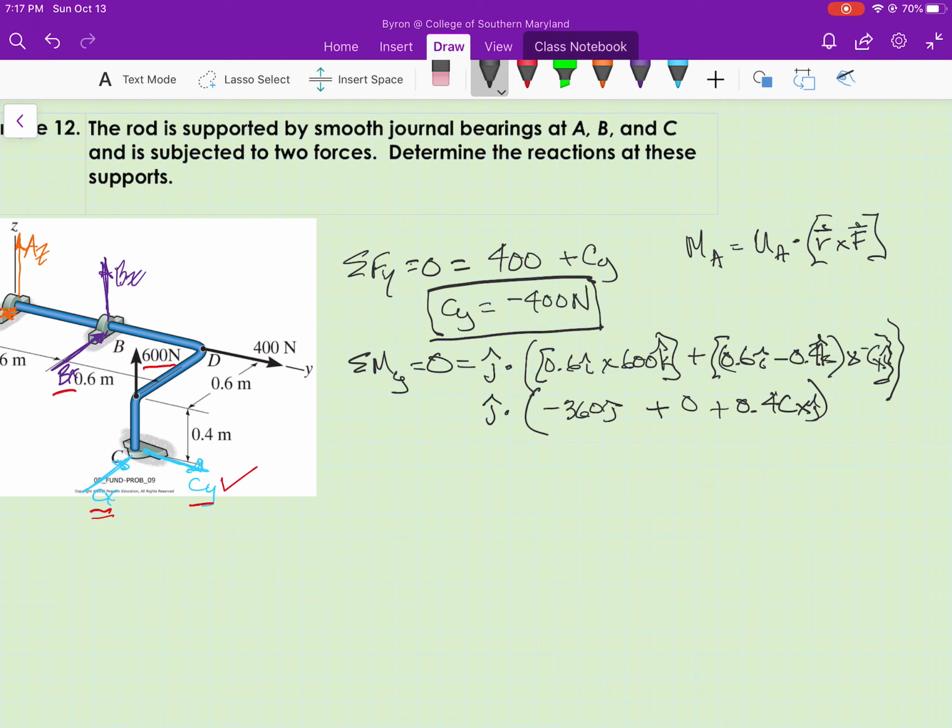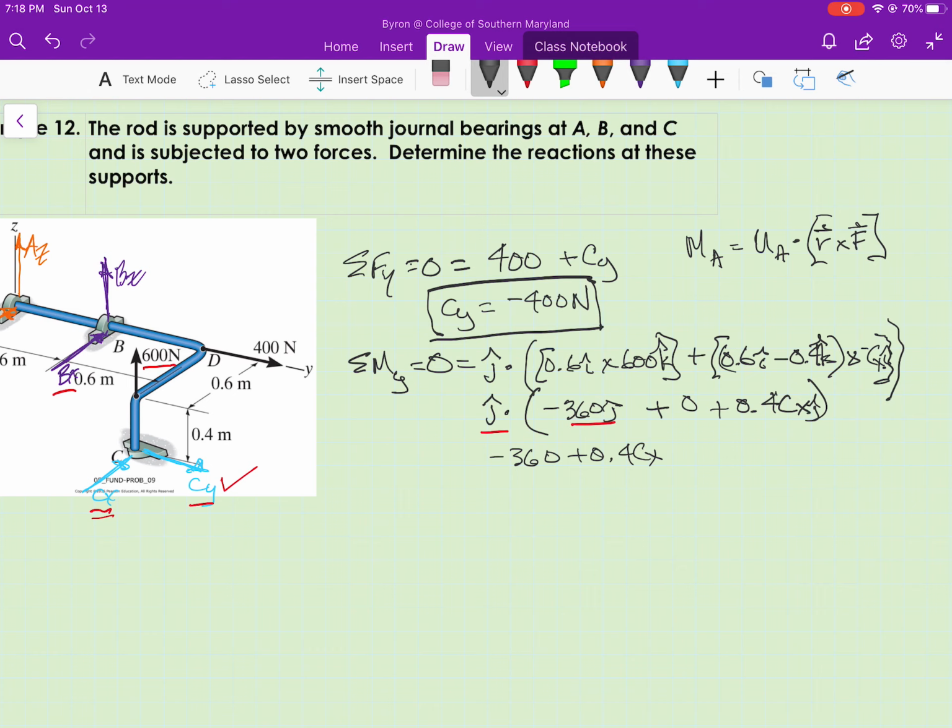Okay, now for my dot product, let's not draw j again. I have j dotted into negative 360j is negative 360, and j dotted into 0.4 c sub x j is just plus 0.4 c sub x.